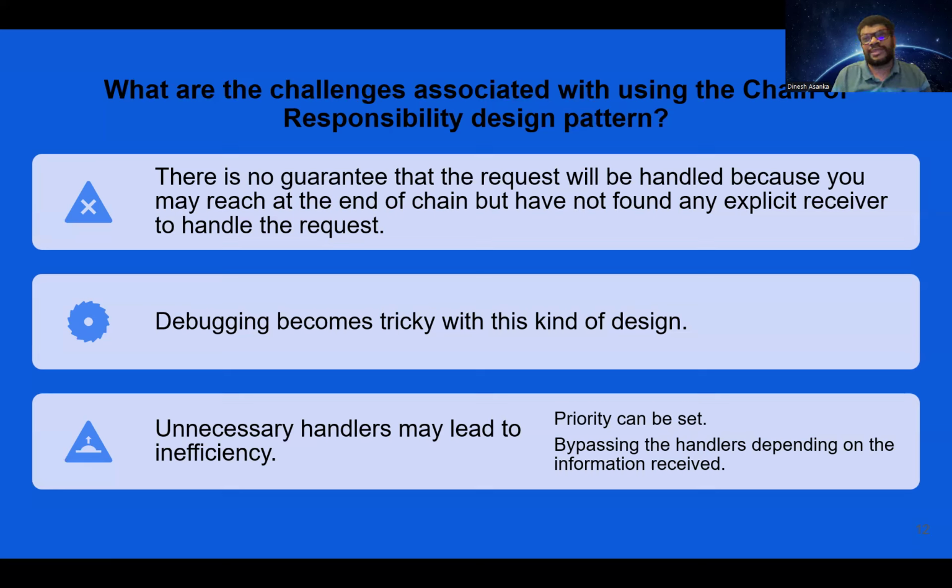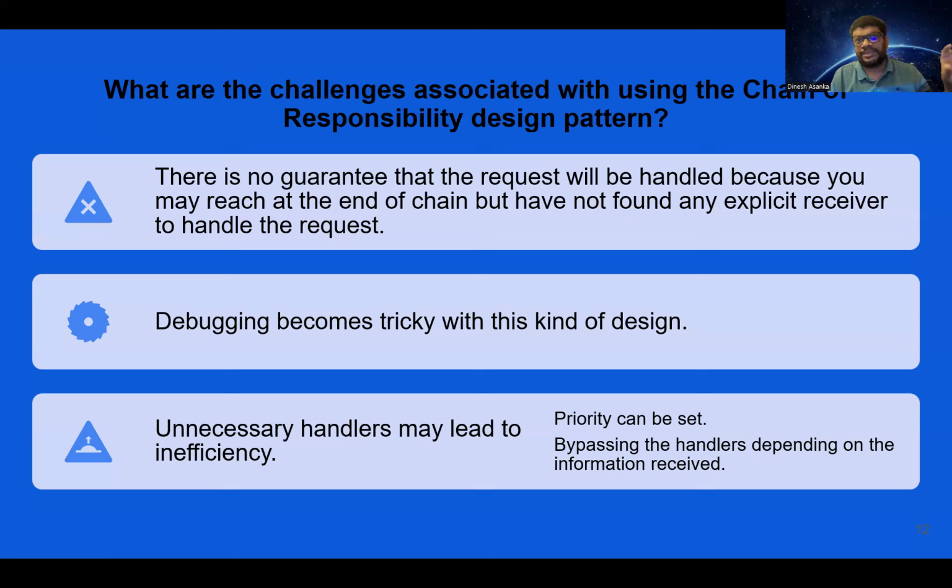And when you have this type of dynamic handlers, sometimes they are changing their order, sometimes they are skipping depending on the request. So debugging becomes a little tricky when you are using this kind of design. And also, if you have unnecessary handlers in your chain, that might have an impact on the performance of your system.